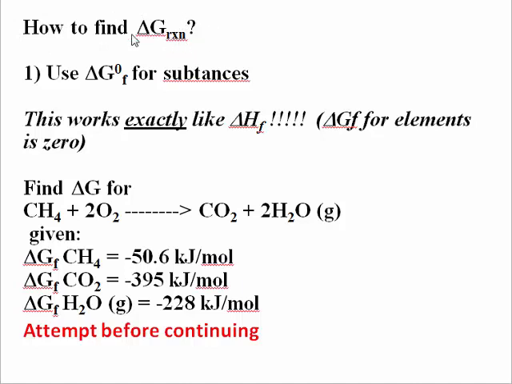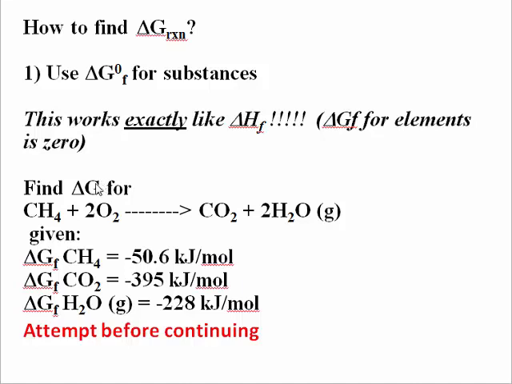Well, much like enthalpies of formation, you can use standard Gibbs energies of formation to find standard Gibbs energies of reaction. Right, this works exactly like using enthalpies of formation, including that, by definition, the Gibbs energy of formation for elements is 0.